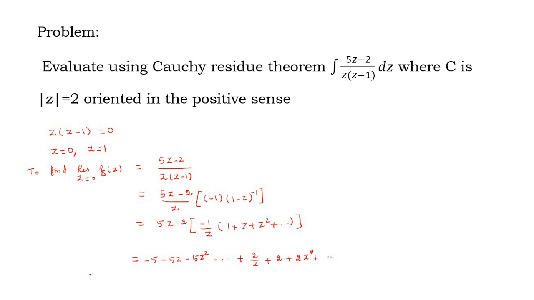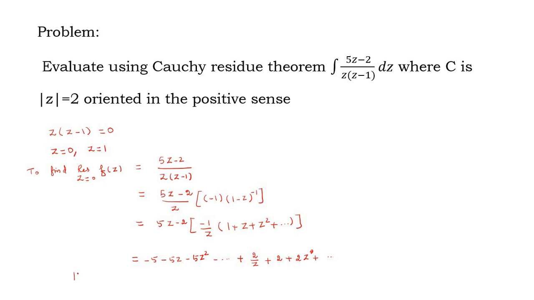The residue at z equal to 0 means the coefficient of 1 by z. So here the coefficient of 1 by z is 2. Therefore the residue at z equal to 0 is 2.